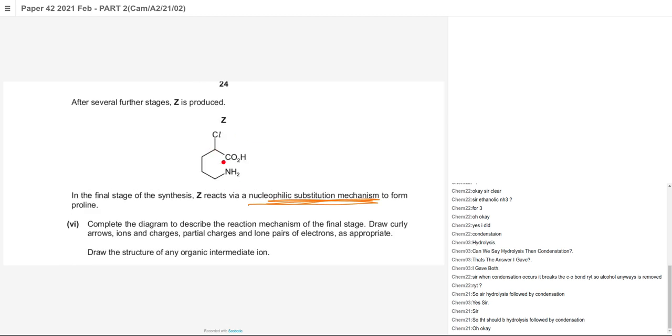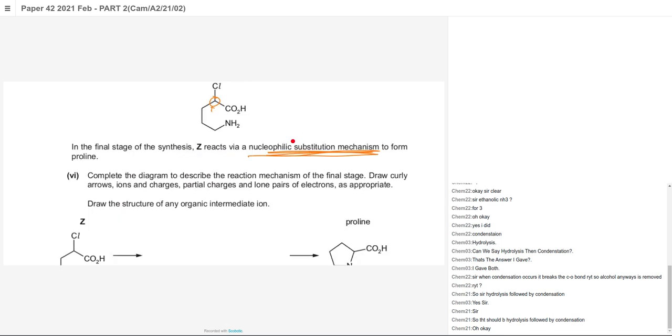This is a secondary carbocation here. We'll see. It can be SN1 or SN2. Complete the diagram to describe the reaction mechanism of the final stage. Draw curly arrows, ions and charges, partial charges, and lone pairs of electrons as appropriate.